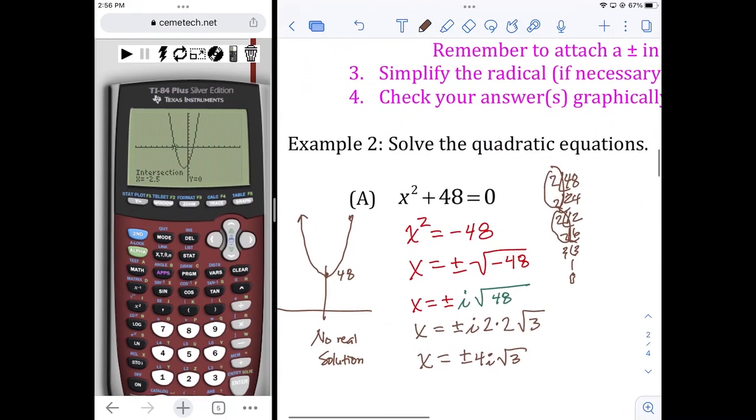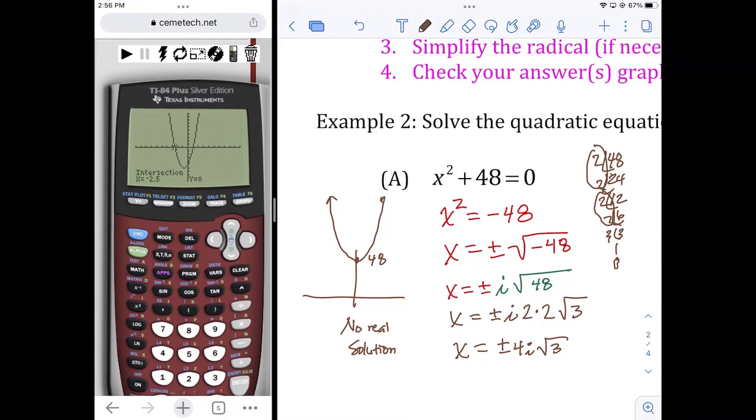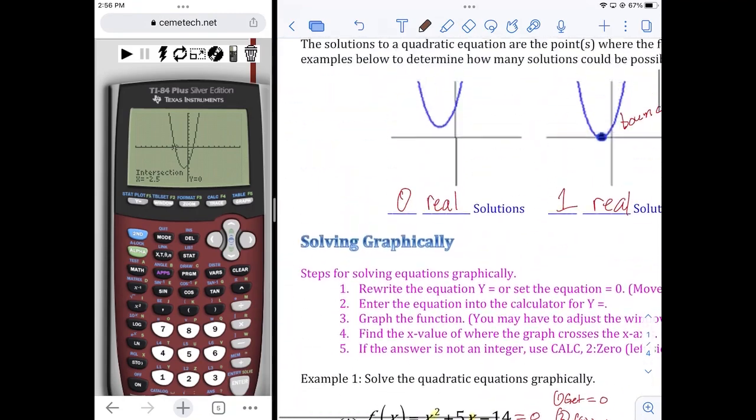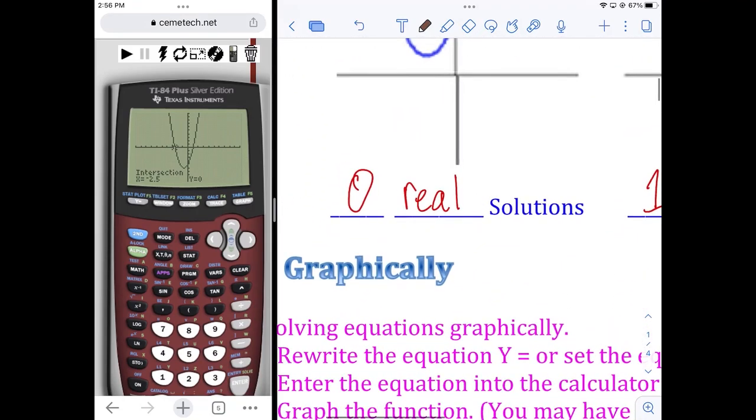So I'm glad you said that. I probably should have pointed that out up above when we had the one. This is good timing too. Okay. If you don't see any real solution, let's come back up here and just add it: 0 real solutions and 2 imaginary solutions.